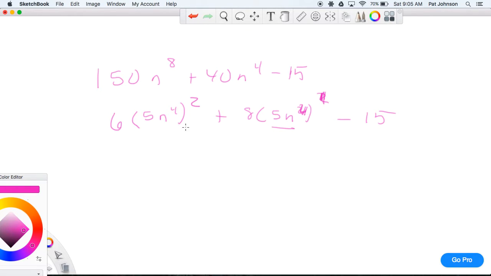What we're looking for is in parentheses. We want this to be the same thing. So we're going to let u equal 5n to the fourth. Then we rewrite it, say 6u squared plus 8u minus 15. Now, it makes it much easier for us to solve this equation or to factor it. Okay.